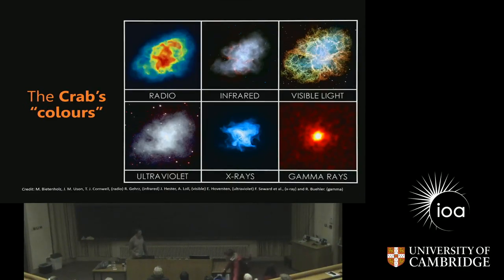And besides the visible light, which we can see with our eyes, we also observe the Crab Nebula in other colors, which we cannot see with our eyes. And I want to note mostly the radio and the X-rays which we see in this nebula. And these tell us that there is something inside the center of this cloud of gas.